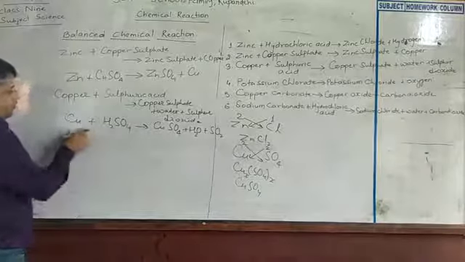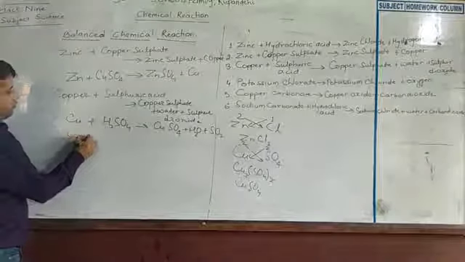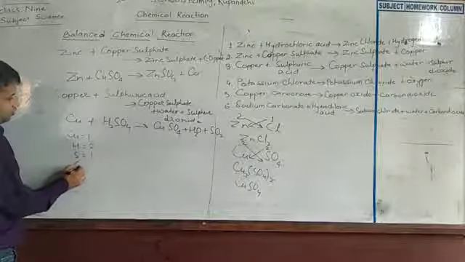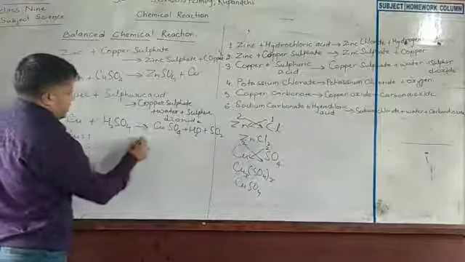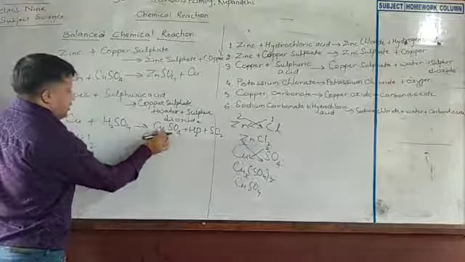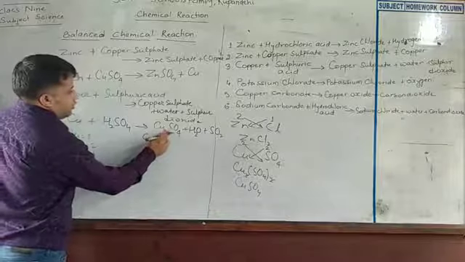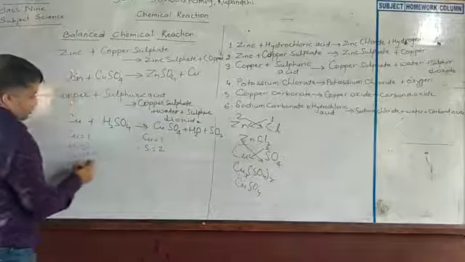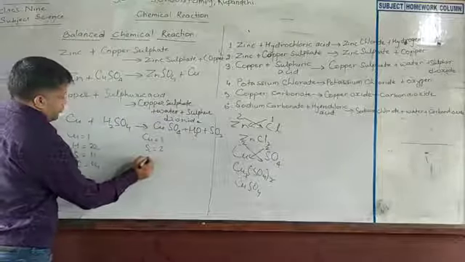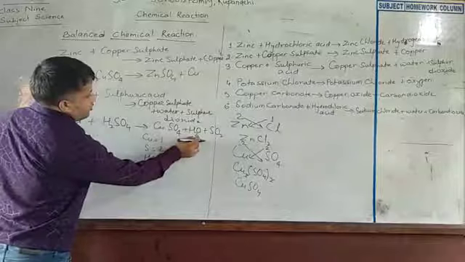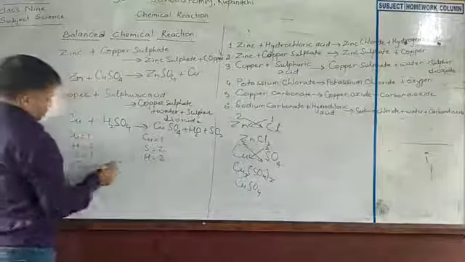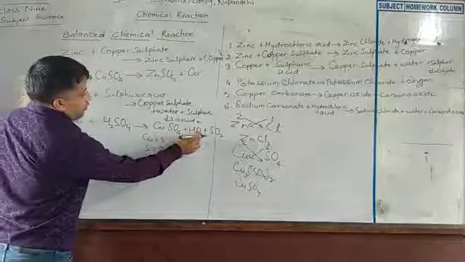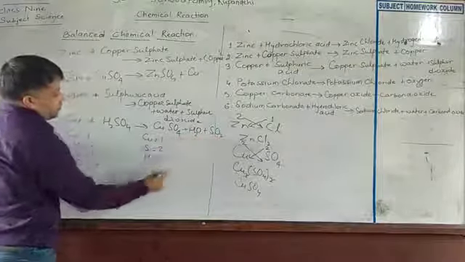So let's see whether it is balanced or not. Copper 1, hydrogen 2, sulfur 1, oxygen 4 in the reactant side, and in the product side copper is 1, sulfur 1 here and 1 here, altogether 2. Then hydrogen here 2. Then oxygen 4 here, 1 here, so 4 plus 1 plus 2, 7.